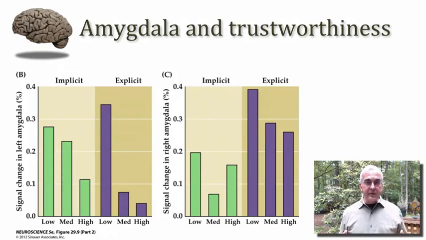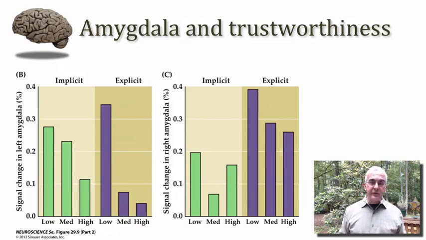And what's becoming clear is that the amygdala and its role in our emotions is very important in mediating various aspects of social cognition. One important aspect of social cognition that's relevant is our evaluations of the trustworthiness of another human being. So what's being shown here in a very clever set of experiments is the activity of the amygdala when human subjects are evaluating human faces.